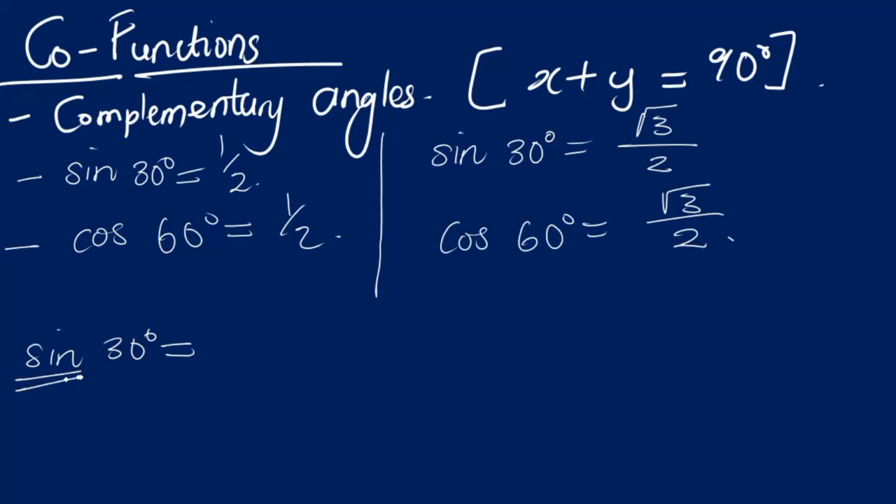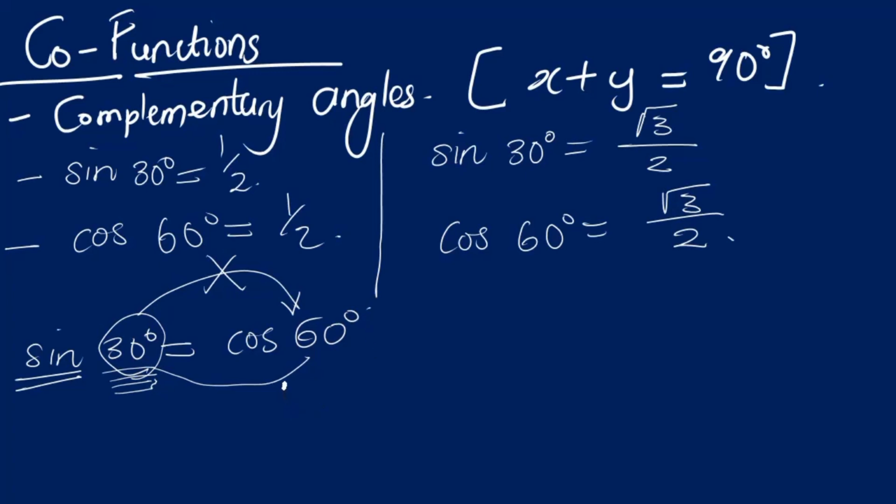As an opposite function, which is the cosine. But it's supposed to be the cosine of what? Not the cosine of 30 degrees. No. It's supposed to be the cosine of the complement of 30. So the complement of 30 is any number that I can add to get to 90 degrees. How much do I need to add to get to 90? 60 degrees. That's how we know that.